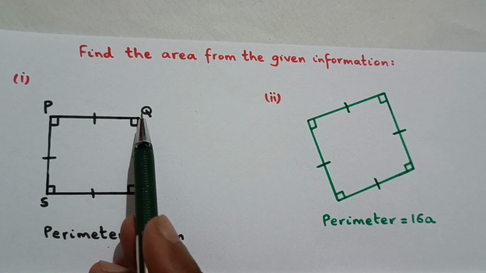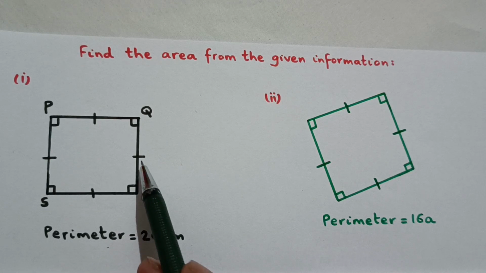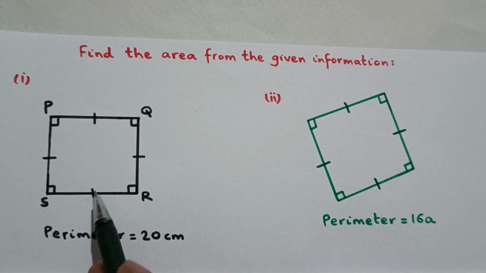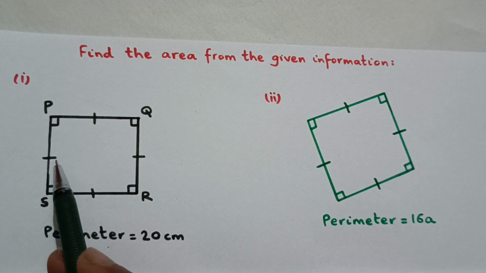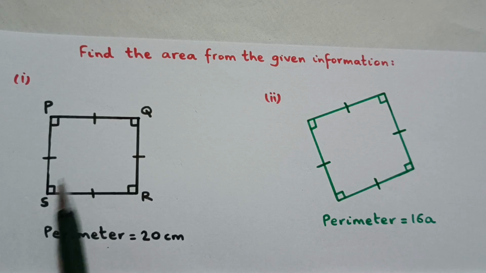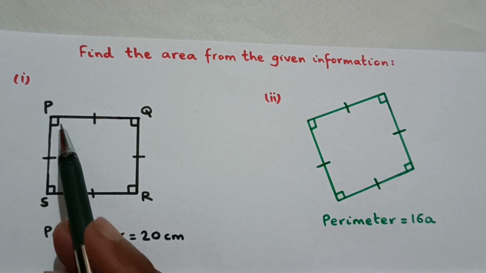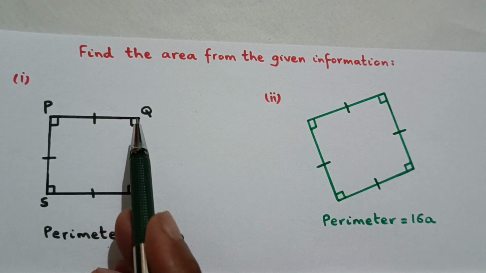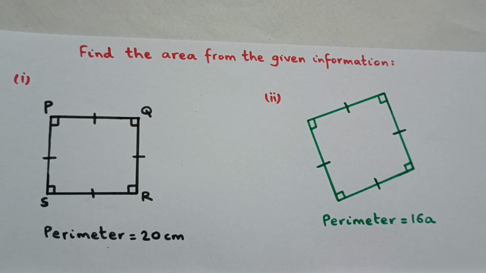On side PQ, I can see this symbol. On side QR, I can see this symbol. On side SR, I can see this symbol. And on side PS, I can see this symbol. So this symbol is present on all the four sides of this quadrilateral. That means all the four sides of this quadrilateral have the same measurement.